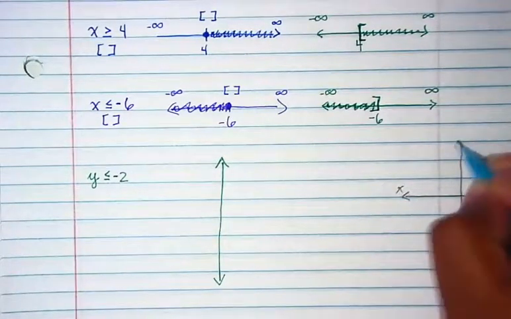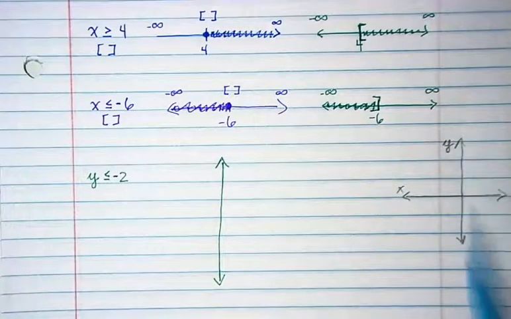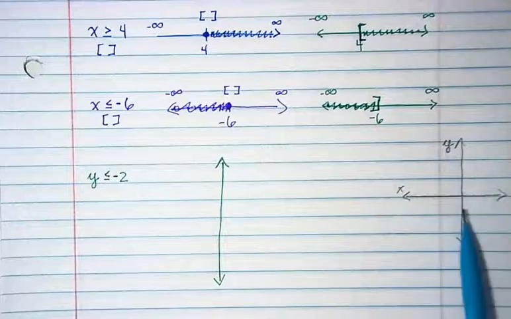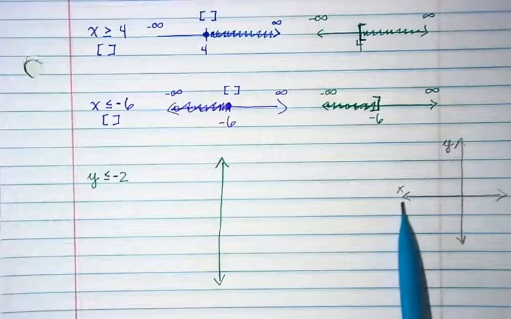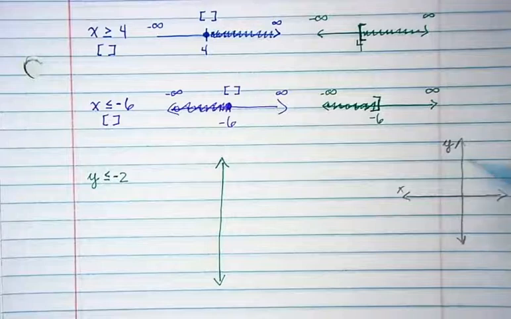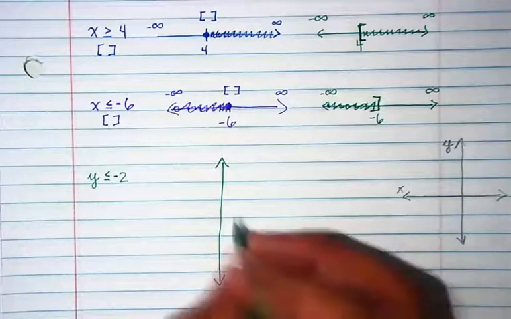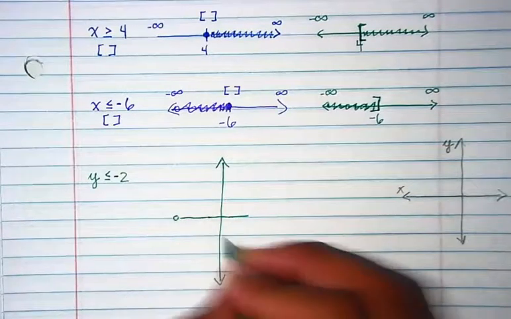Your y-axis is here. So your y's are going this way. Your x's are going this way. So when we talk about finding our domain, finding our increase, decrease intervals, your positive, negative intervals, you're going from this way to this way because that's your x's. We're talking about our range, talking about like our y values. We're going to go from the bottom to the top. Why? Because let's just say here, this is 0.